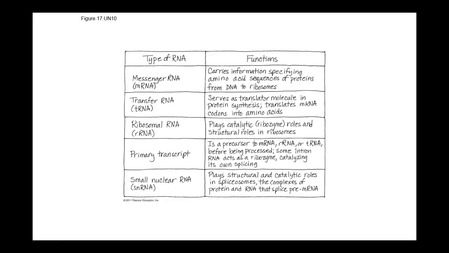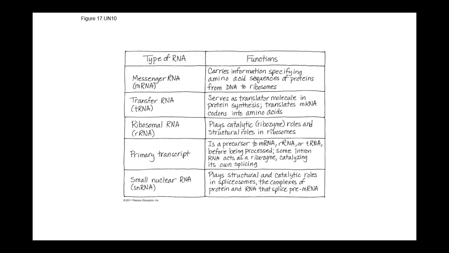I've put this in just as a nice template of what you actually want to make up for yourself: the types of RNA, because we've talked about numerous different types in the course of teaching. We talked about messenger RNA. That's the one that goes from the DNA to the ribosome. Transfer RNA is the translator for protein synthesis, translating what messenger RNA came out into amino acids.